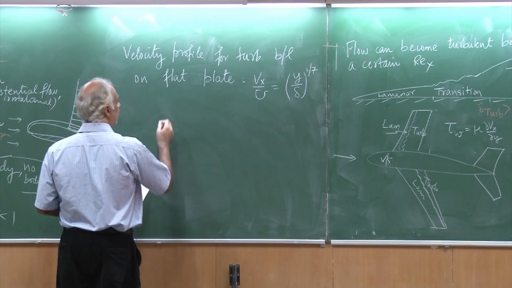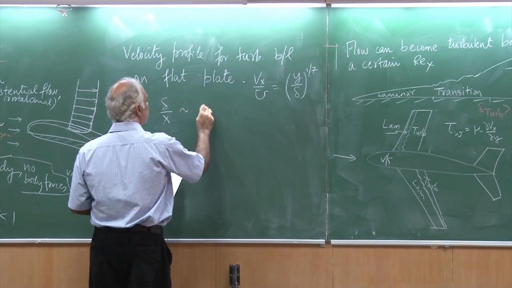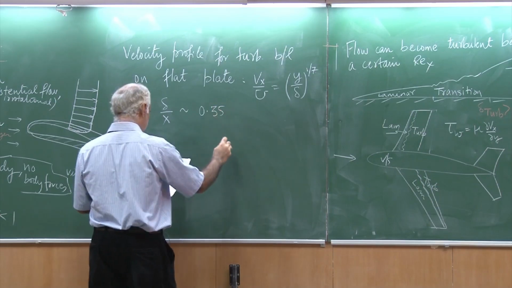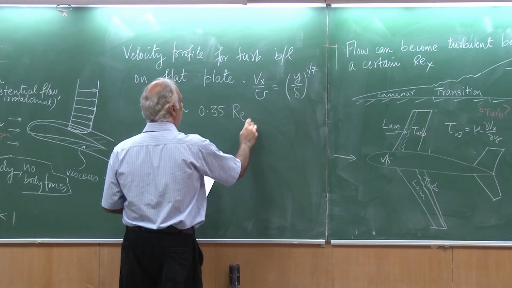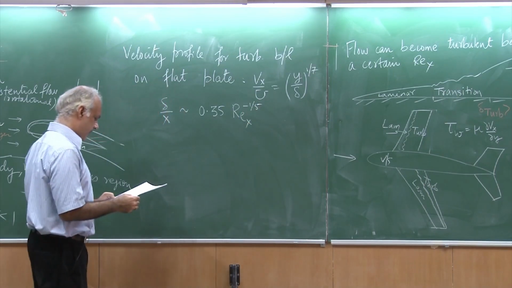Typically, if I look at my delta by x, that would vary as, let's say, 0.35 Reynolds number of x raised to minus 1 by 5.